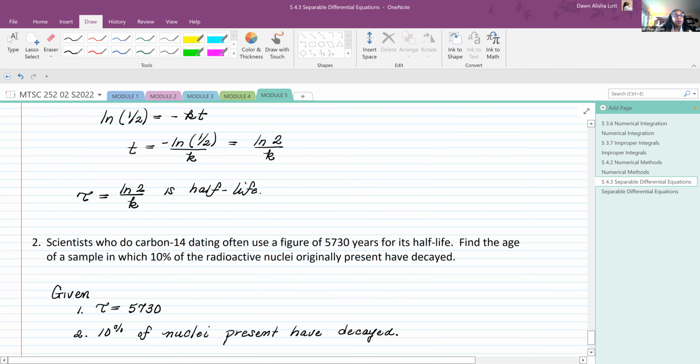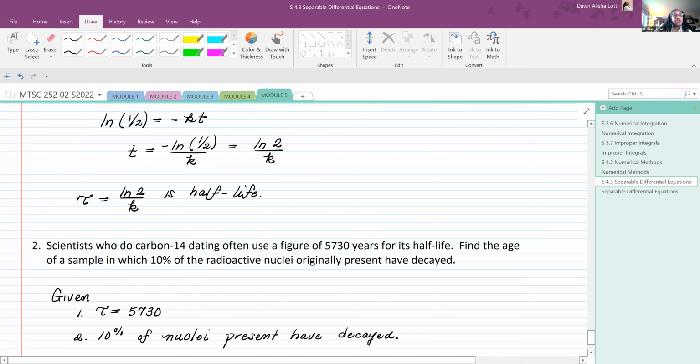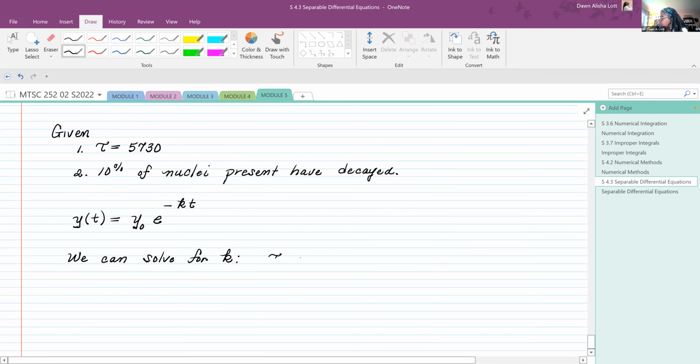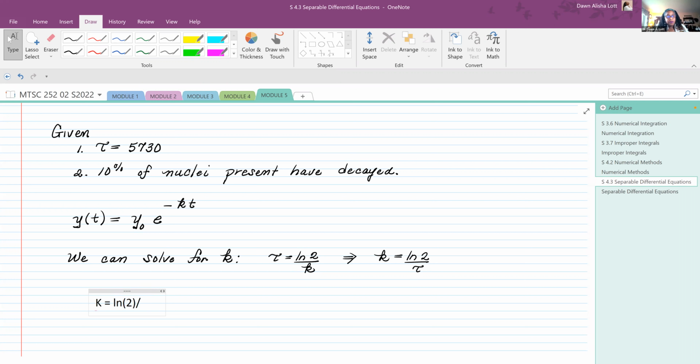We know tau is the natural log of 2 over k. So that implies that k is the natural log of 2 over tau. All right, so for our problem, k is going to equal the natural log of 2 divided by 5730.